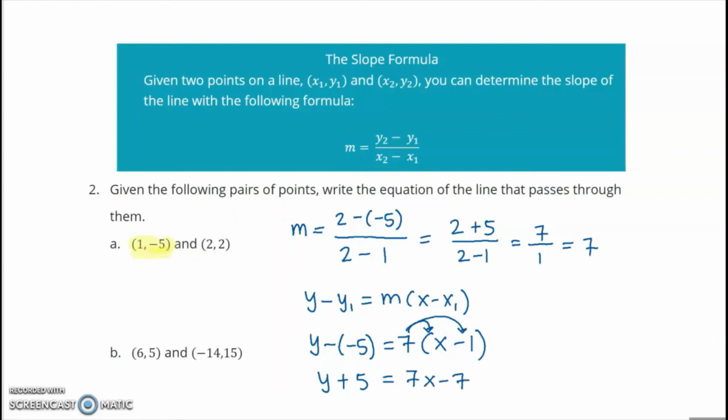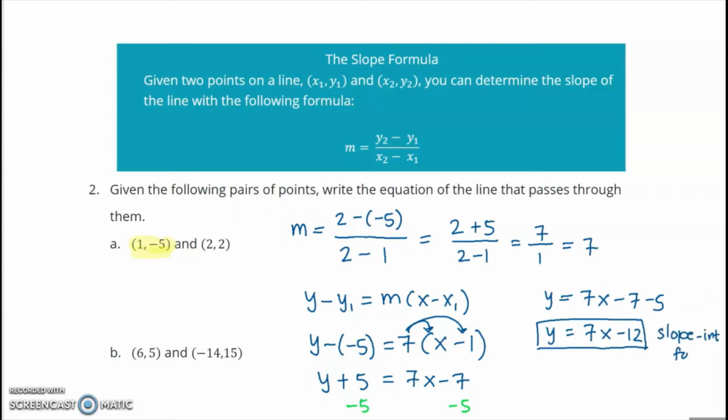So first I'll write it in slope-intercept form. To do that, I will have to subtract both sides by 5. That gives me y is equal to 7x minus 7 minus 5. That is 7x minus 12. This is the slope-intercept form.